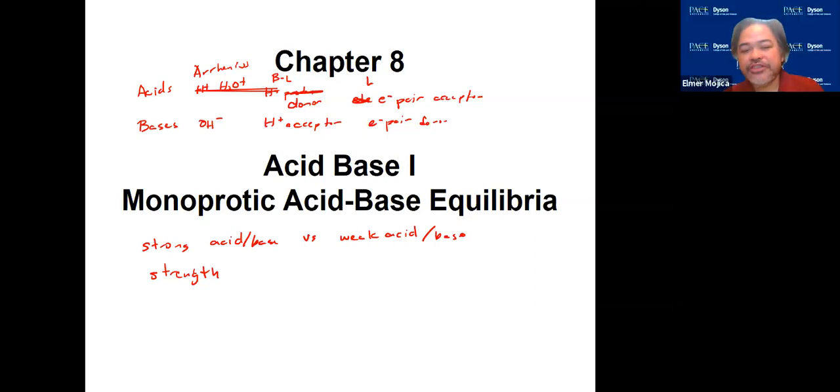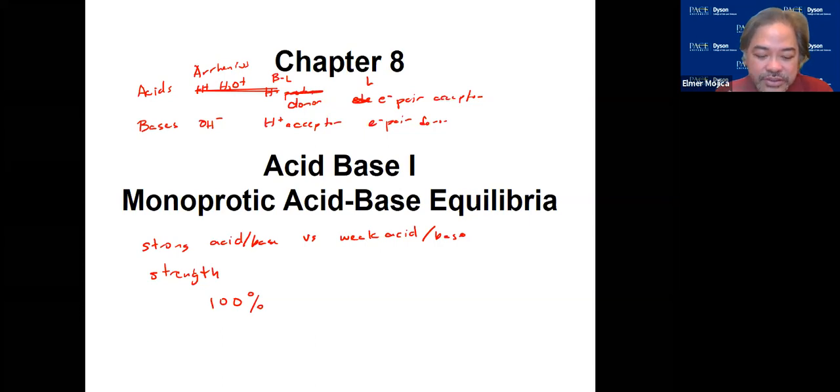So strength has something to do with dissociation, with their ability to ionize. When we say strong acid or strong base, there's 100% dissociation. Even though they're covalent compounds, they act like ionic compounds. Weak acids and weak bases, on the other hand, have less than 100% dissociation, some even less than 1%.